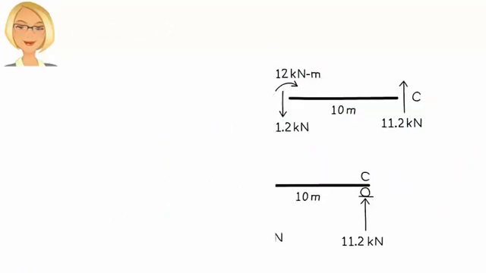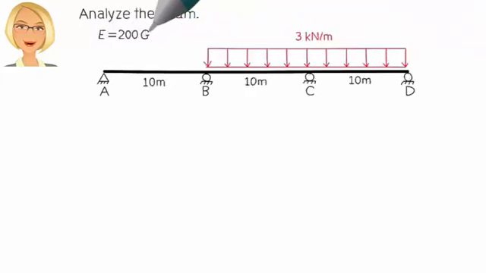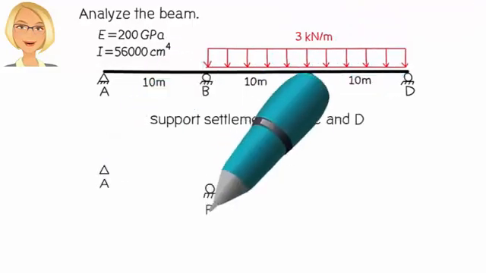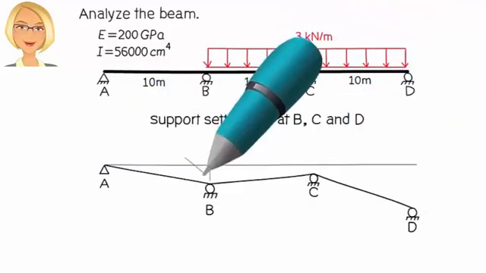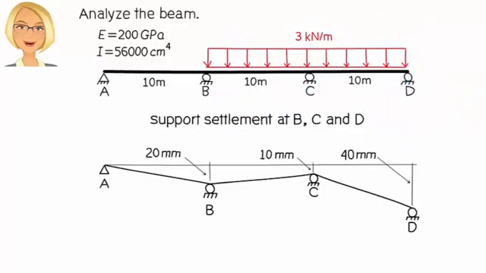Let's examine another case. Here, we wish to analyze a continuous beam subjected to a uniformly distributed load. The structure has 4 supports, a pin support and 3 roller supports. Suppose the beam experiences support settlement at B, C, and D. B settles by 20 millimeters, C settles by 10 millimeters, and D settles by 40 millimeters.